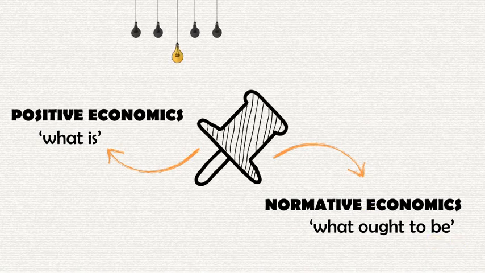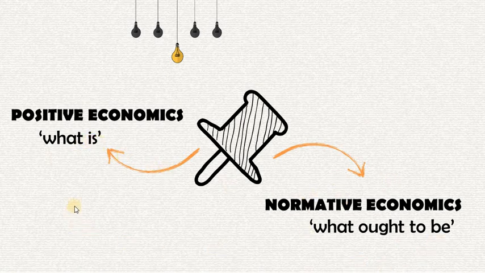Alright, so while we are discussing the scope of economics, we also think of whether economics is a positive or normative science. In here, the positive science describes what is, and the normative science explains what ought to be.